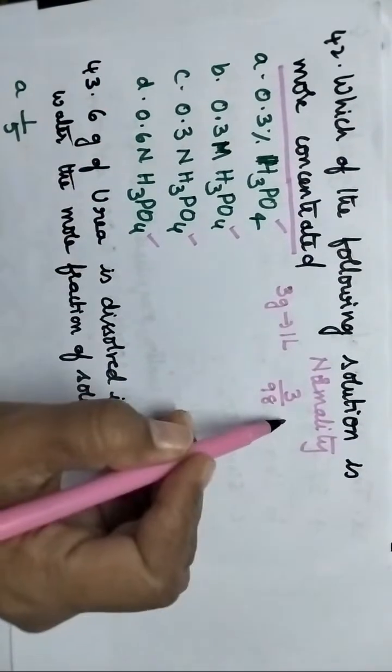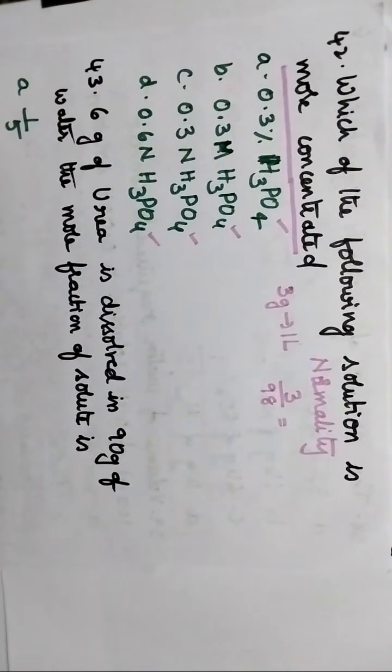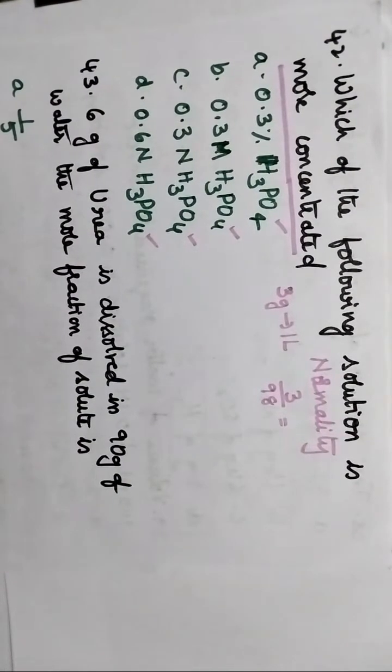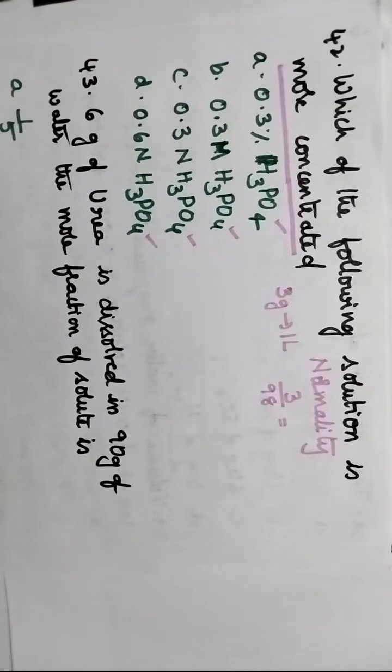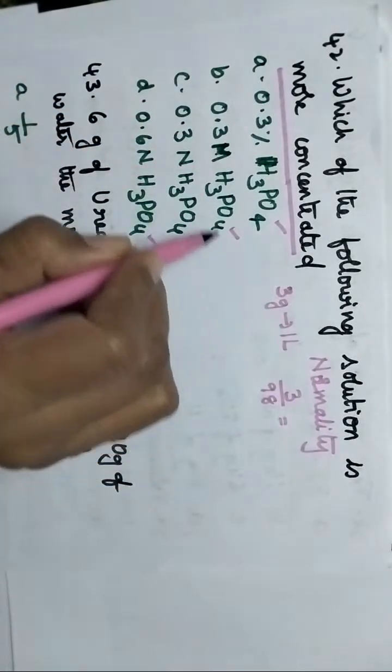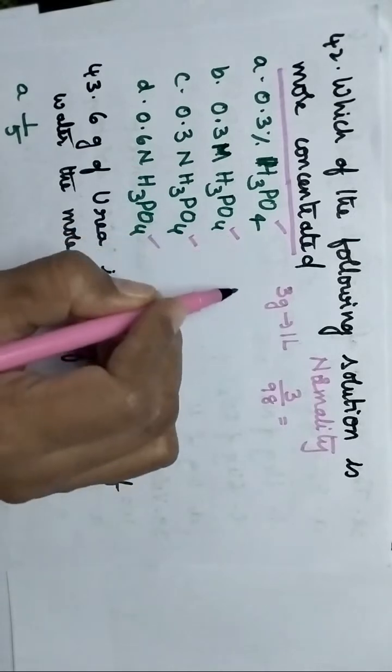And B is a 0.3 molar solution, so you just convert it into a normal solution.